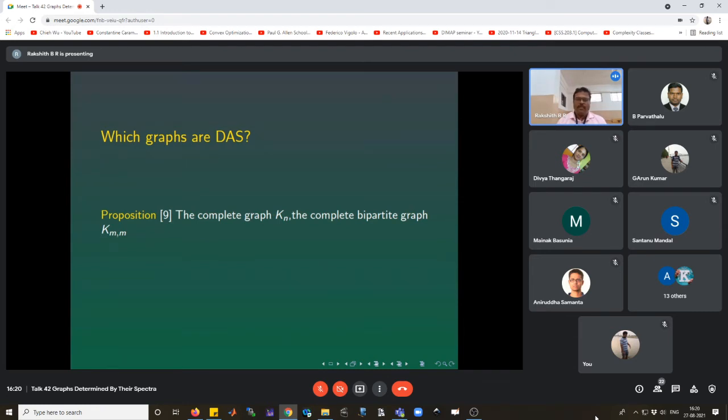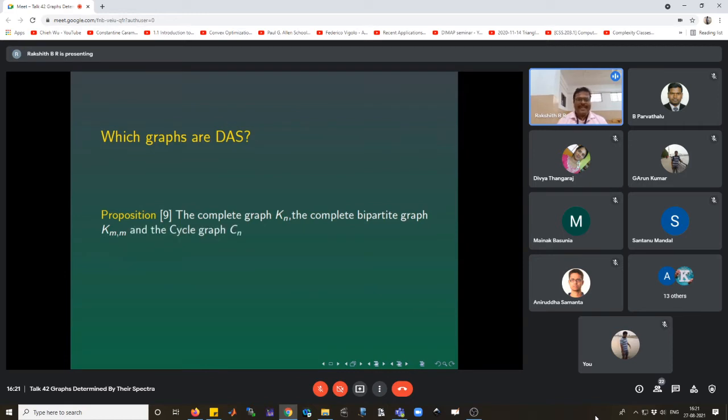Any graph co-spectral with the complete bipartite graph K_{m,n} must be bipartite, and since the regularity is also determined by the adjacency spectrum, it follows that G must be bipartite with degree n. Therefore, it must be isomorphic to the complete bipartite graph K_{m,n}.